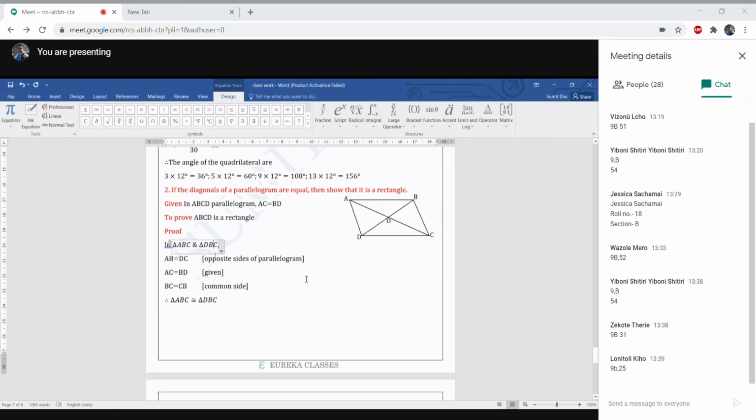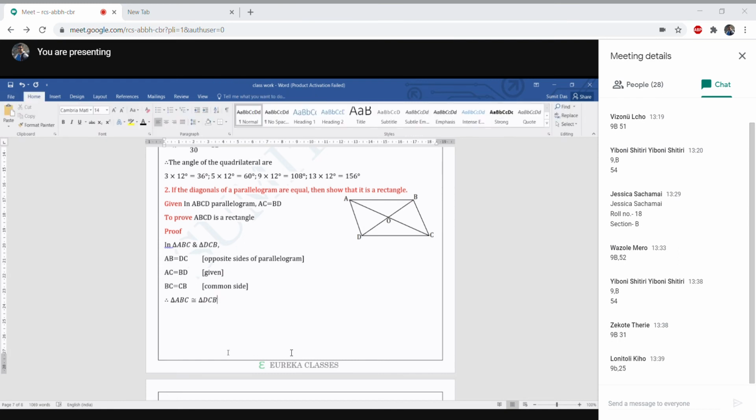Better to write DCB. By which rule? By SSS rule, by SSS congruency. Now, if these two triangles are congruent, we can write this.